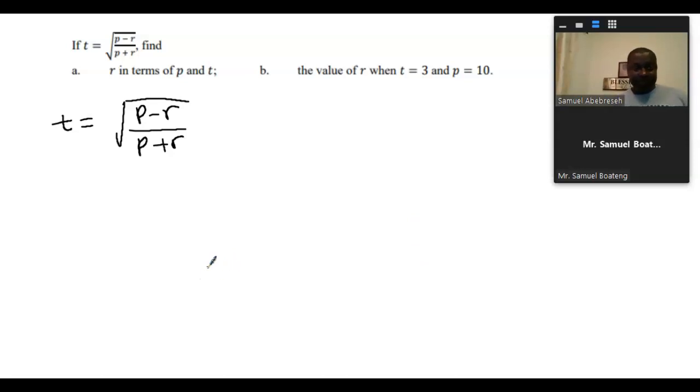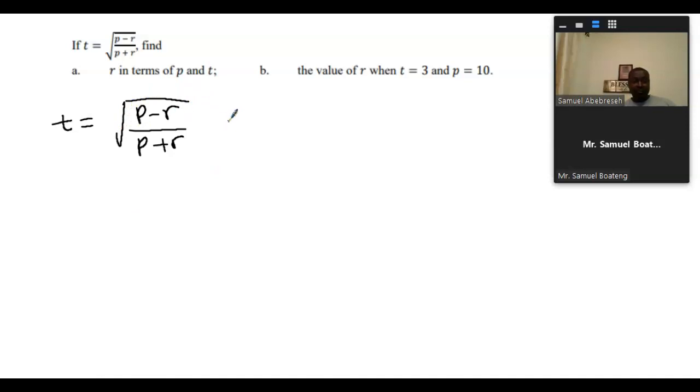And we have been asked to express R in terms of P and T. Now, looking at the relation carefully, we realize that the variable that we want to make the subject is under the square root. So for easy manipulation, why not clear the square root first before you continue?